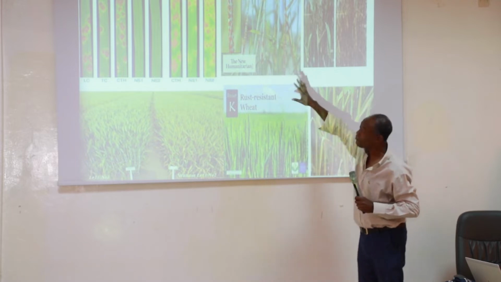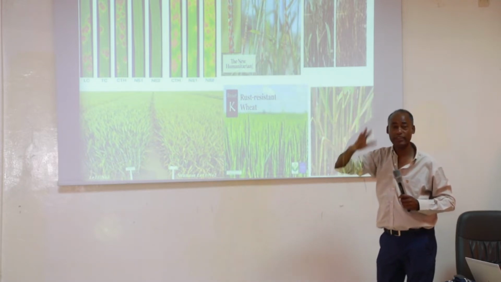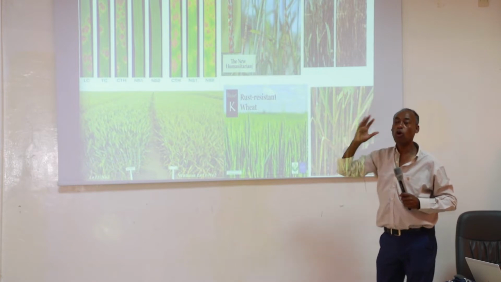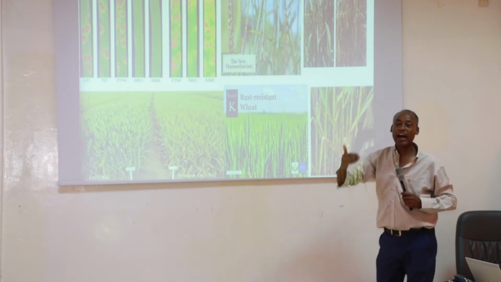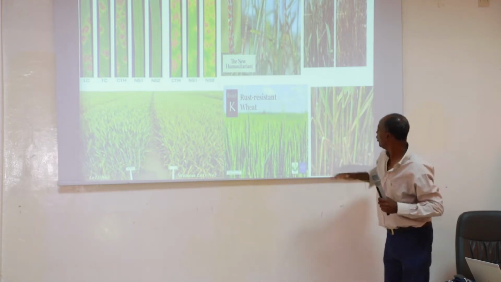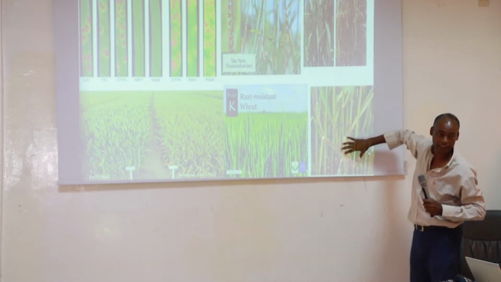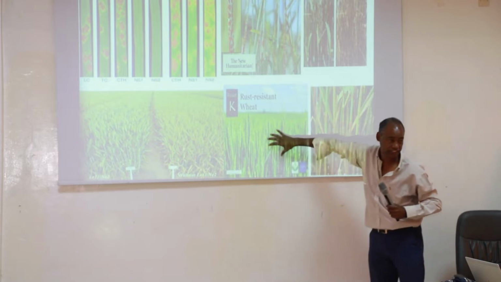So these rusts are very, very dangerous. They destroyed, as I told you, in 1970, 1992, over 300,000 hectares in the world. Look how this is completely affected, but the resistant one like this.